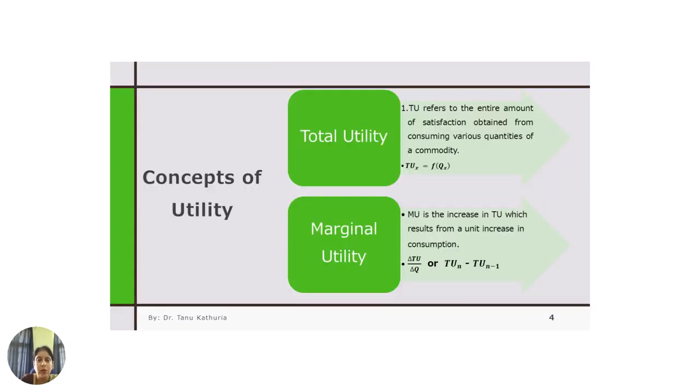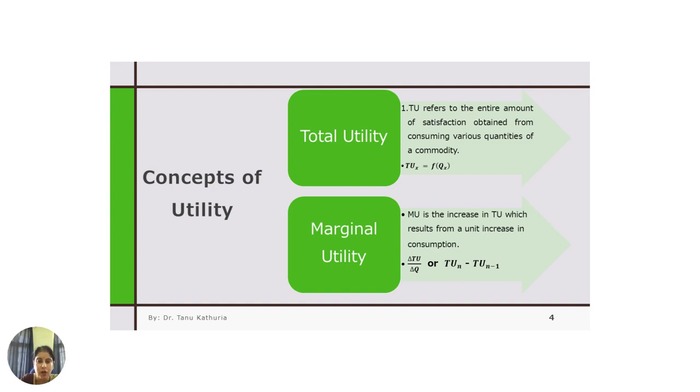When I say utility, I am actually talking about two major terms. One is total utility, that means how much in totality I am getting satisfaction. And the other is marginal utility, that is the additional utility or satisfaction which I'm getting. The total utility is the total amount, that is the summation of all the units which I'm consuming.